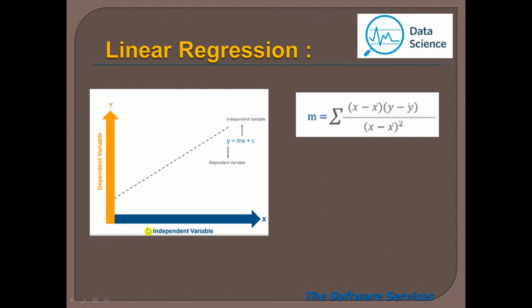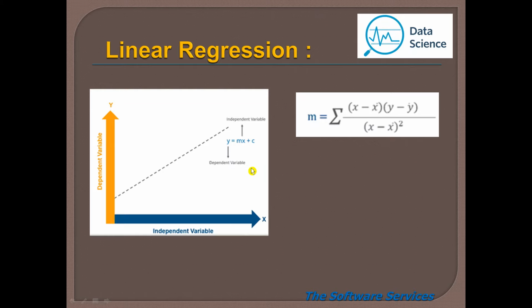For each and every total bill, there is a tip value. If you plot a graph, the scatter points will come like this, which we saw in the pair plot. If you want, you can refer back to the pair plot of total bill versus tip.